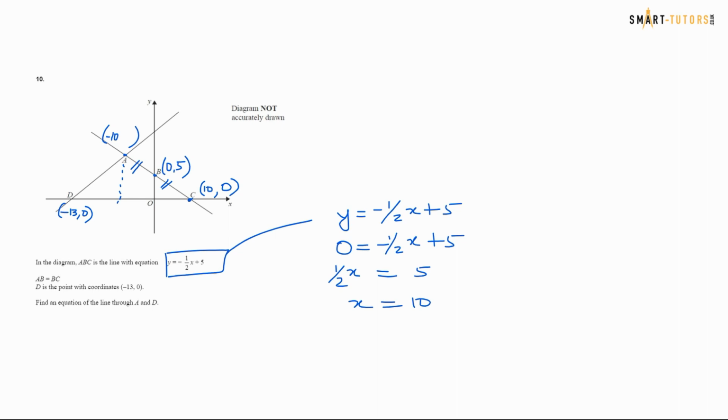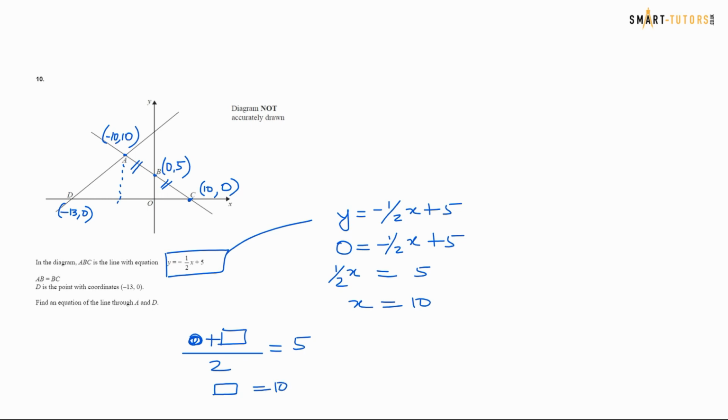The next one, the y coordinate: you can imagine 0 is the y coordinate of C, plus whatever coordinate we don't know, divided by 2 equals 5. If you cross multiply, 0 plus that box equals 10. So that has to be 10.